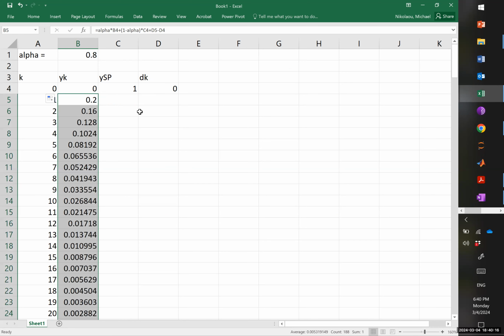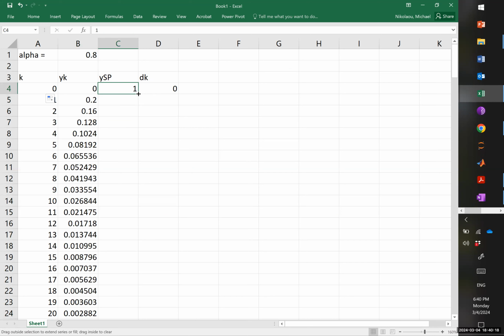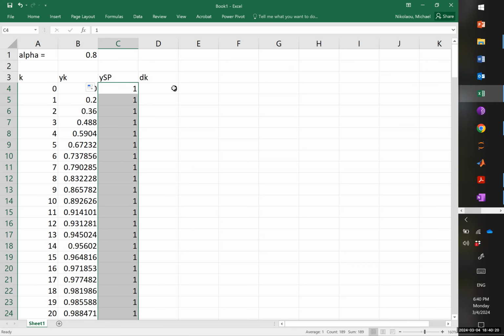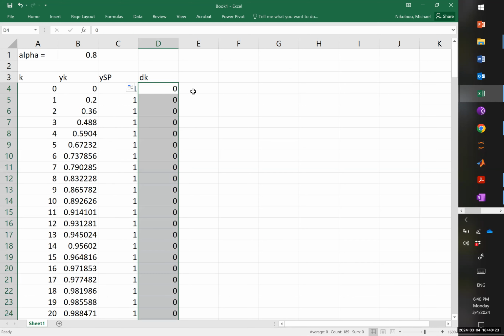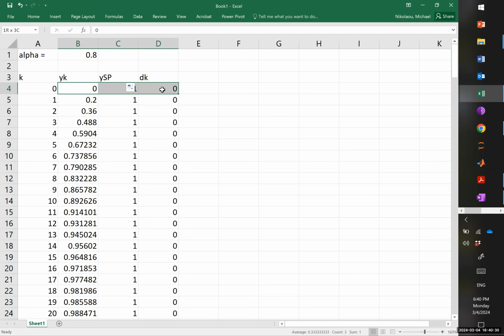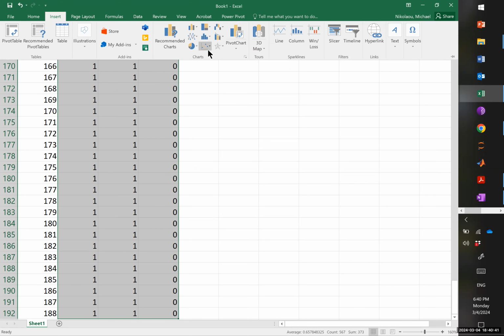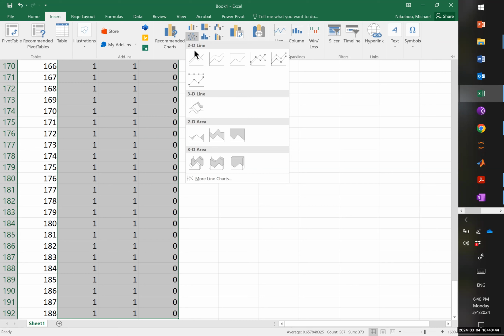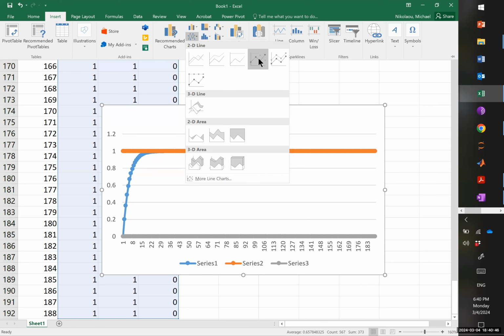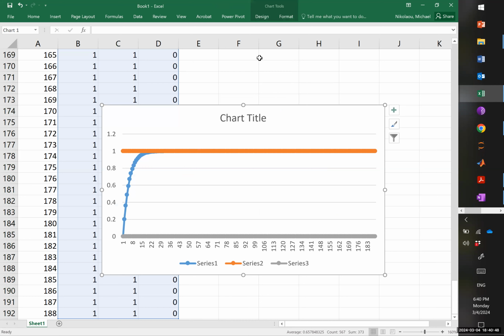So this is here. Let's make this the same. Let's try to plot this to see what we created here. Insert the plot. This is good enough.